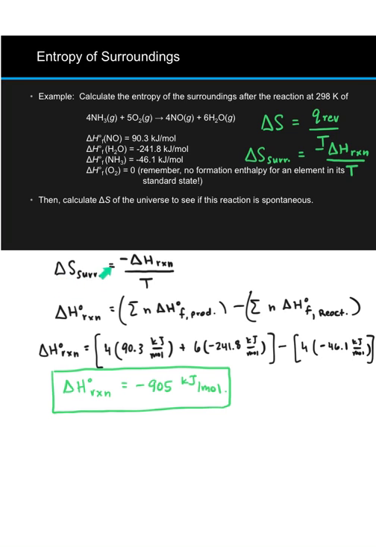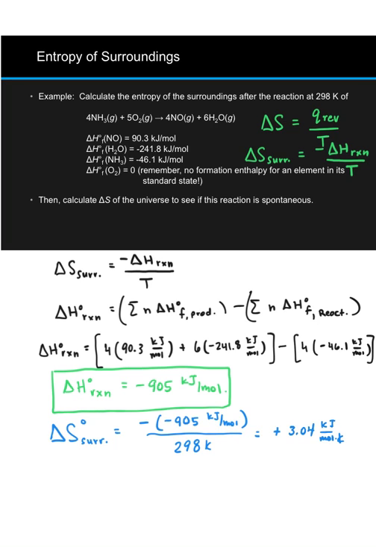If we know that the change in entropy of our surroundings is negative, whatever the delta H for our reaction were, divided by the temperature that this reaction occurs at, then the delta S of our surroundings under these standard conditions is given as negative delta H, which itself is negative 905 kilojoules per mole, divided by temperature, which we're told is 298 K. This means that the change in entropy for our surroundings is positive 3.04 kilojoules per mole per Kelvin.